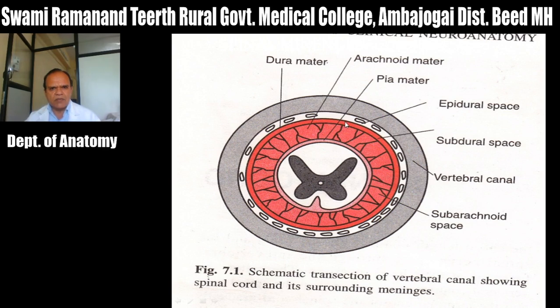Can you see, this is arachnoid, this is dura, and the space between them is called subdural space. Space above the dura is called epidural, space below the dura is called subdural space.